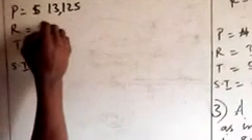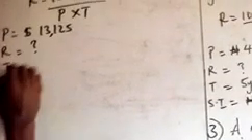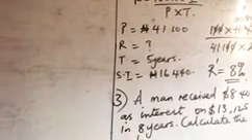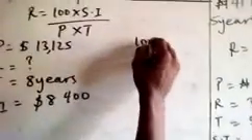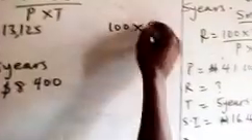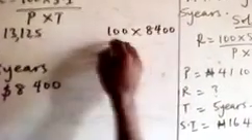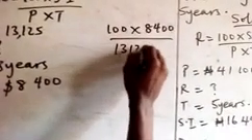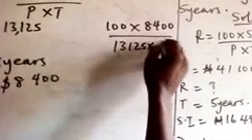Then the rate is unknown. We don't know the rate. Then the time is 8 years. Then the interest, we are working on dollars, this is $8,400. So let's work now. We have 100 times our interest, 8,400, over the principal, 13,125, times 8.